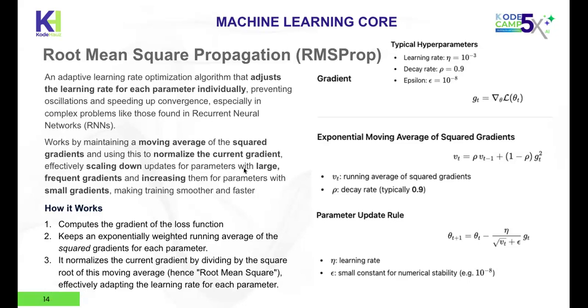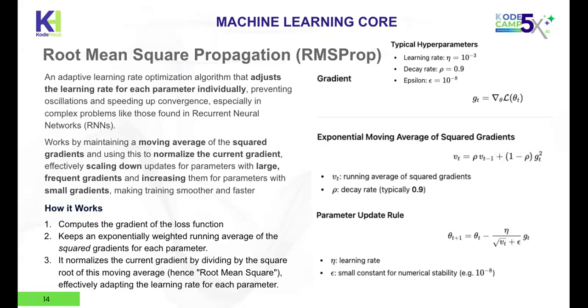The updates for parameters with large, frequent gradients will get scaled down. When I say updates, I'm talking about the parameter update, that is when you're doing theta equals theta minus the gradient.